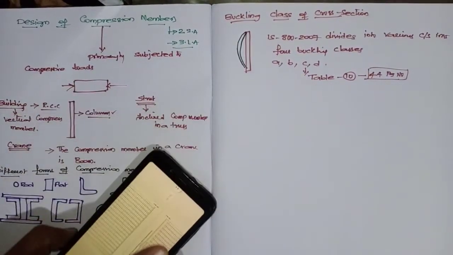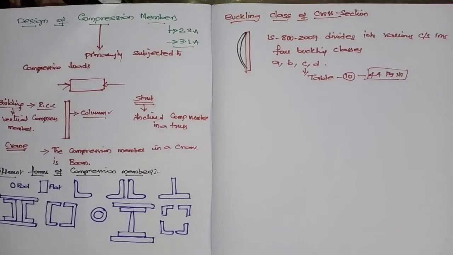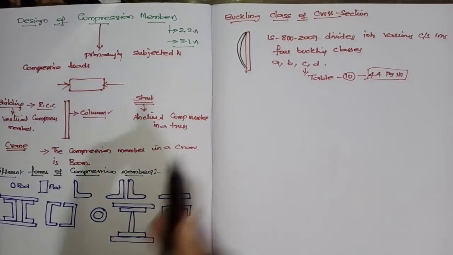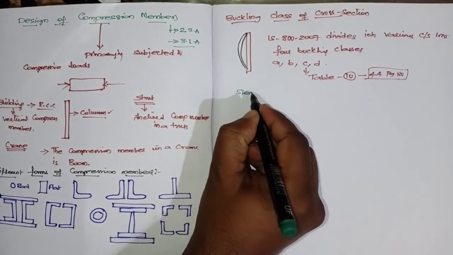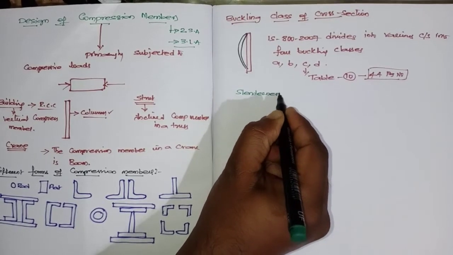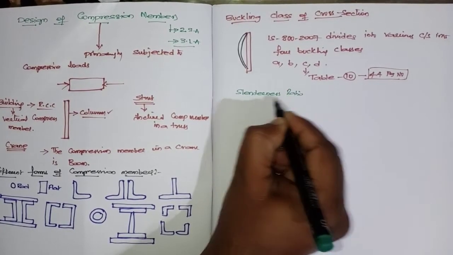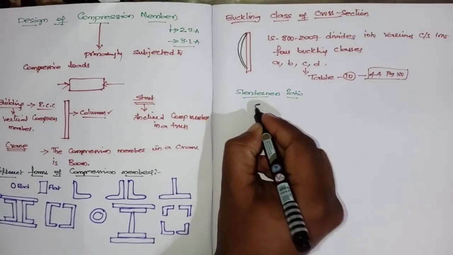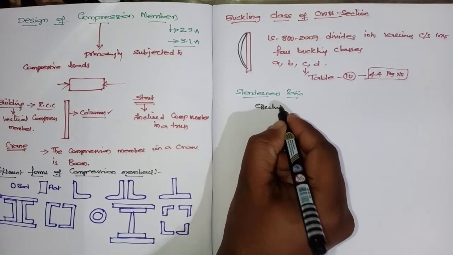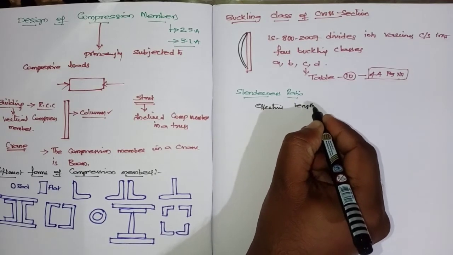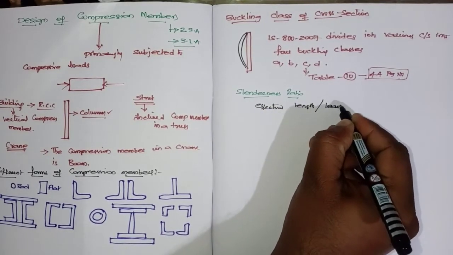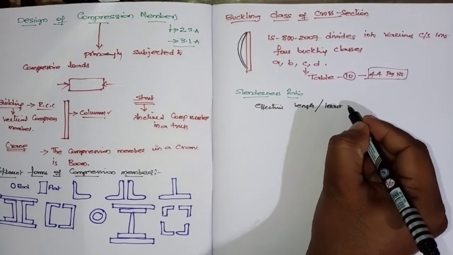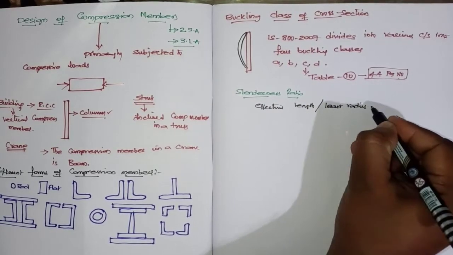Next, what is the slenderness ratio? What do you mean by slenderness ratio? We already discussed it in the earlier classes. Slenderness ratio is defined as the effective length to the least radius of gyration, or the corresponding radius of gyration.